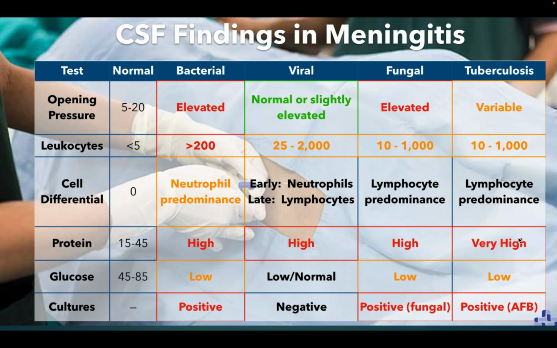Proteins can be very high, sugars are low, and typically there can be positive AFB cultures, especially if the patient is immunocompromised, like in HIV status. So this is a good snapshot of how these variables differ as far as the etiopathogenesis is concerned.